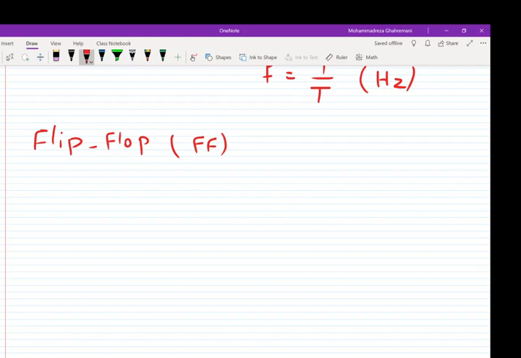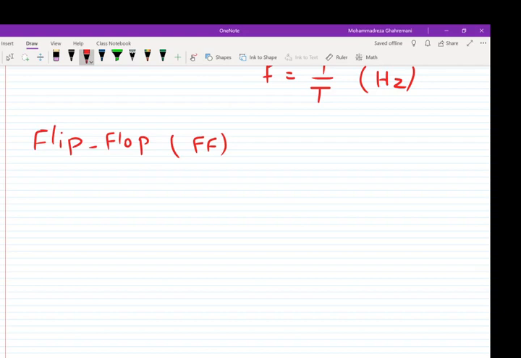In a very simple sentence, a flip-flop is a binary storage device capable of storing one bit of information. So it is a memory which is capable of storing one bit.